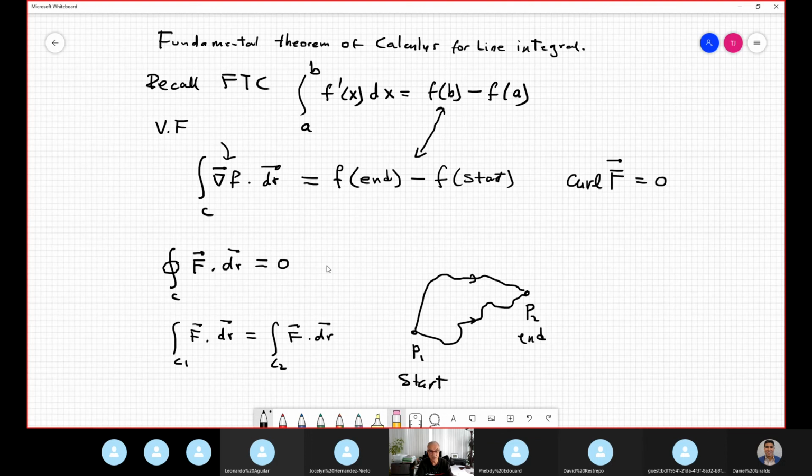In the particular case when the vector field is conservative, you find the potential function. The potential function is the anti-gradient, in calculus 1 it is called antiderivative, and in calculus 3 now it is anti-gradient, and you evaluate the function at the end and start. Super. Next time we will discuss a problem about this. I promise that we have one more way to compute the line integral. The line integral is important, extremely important.